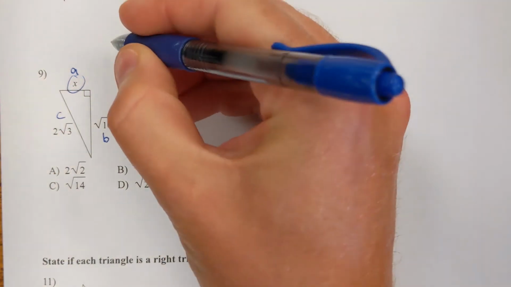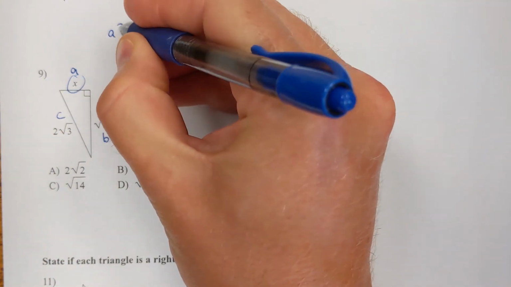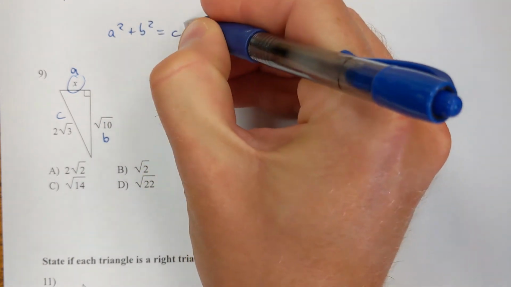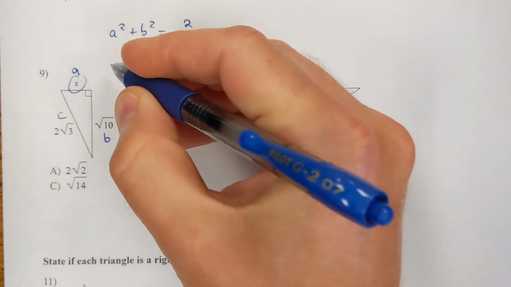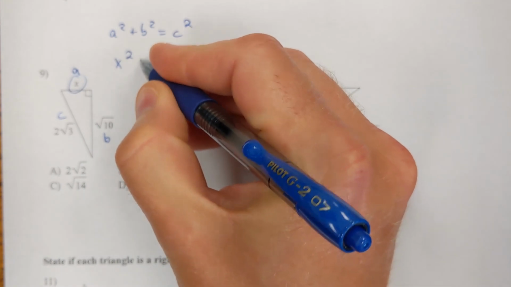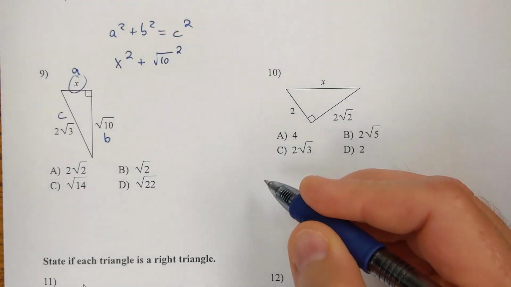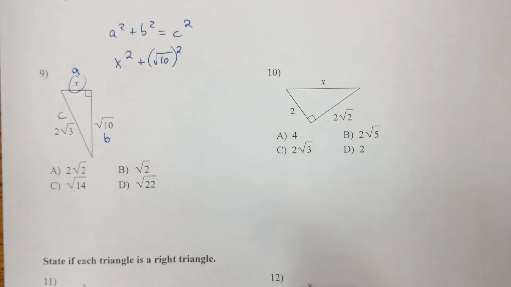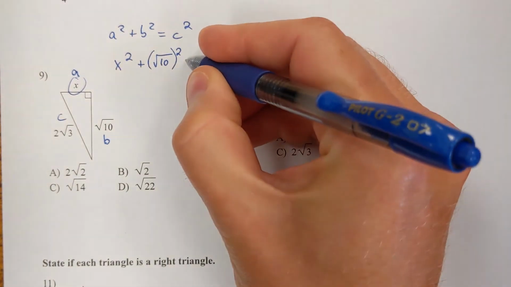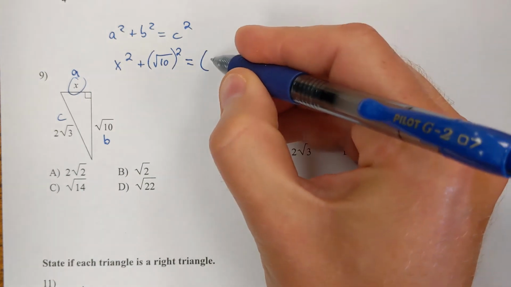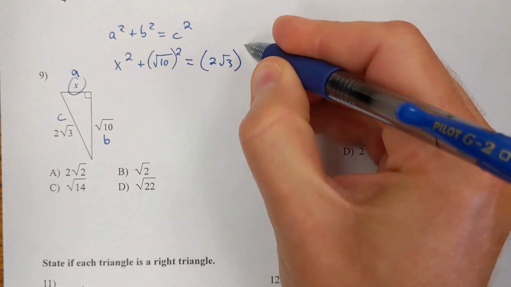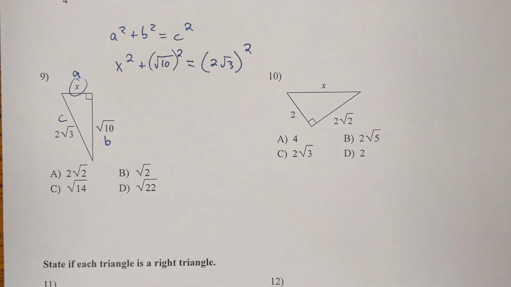All right, so if I have a squared plus b squared equals c squared, using the Pythagorean theorem, I would say that x squared plus radical 10 squared, and you know what? I'm going to put that radical sign in parentheses, that's kind of a common thing to do, is equal to the hypotenuse squared, 2 radical 3 squared.